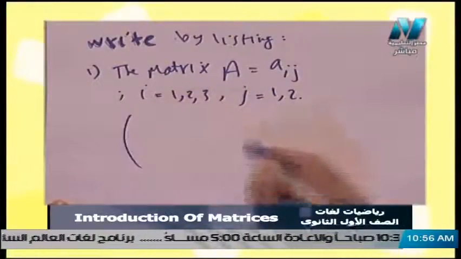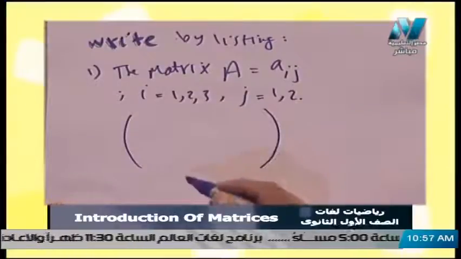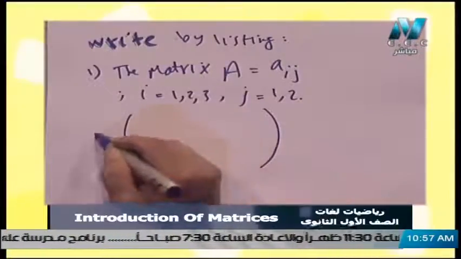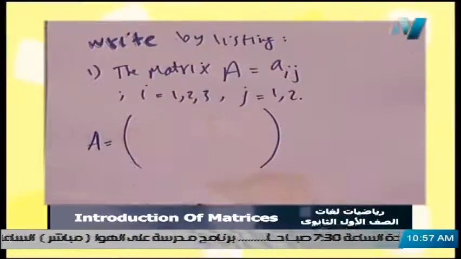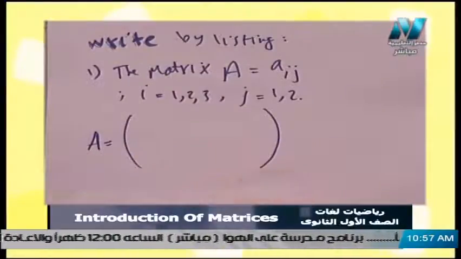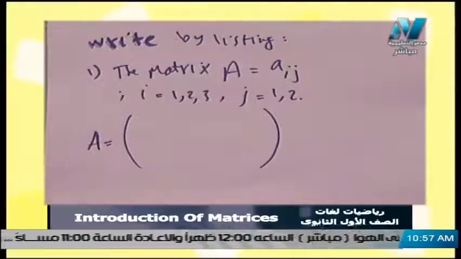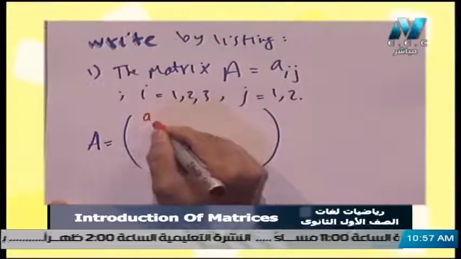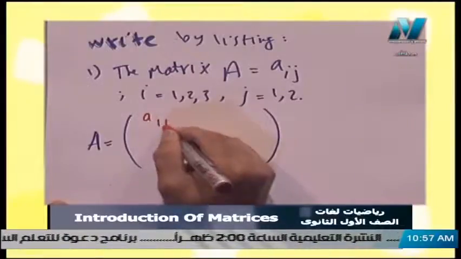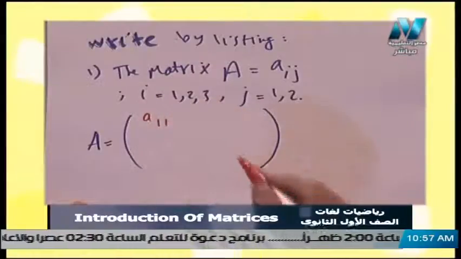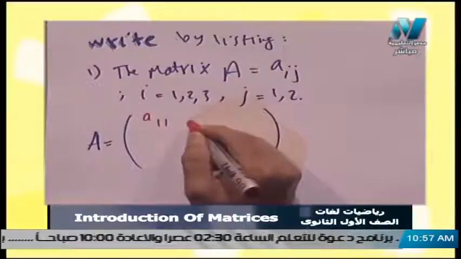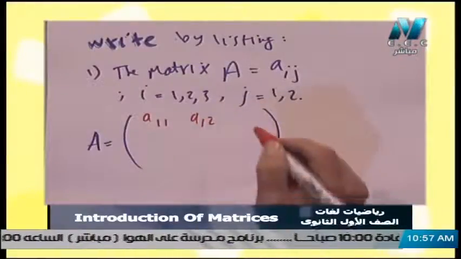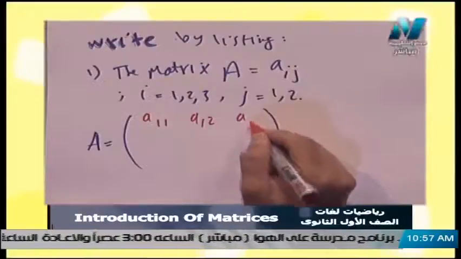We will draw here 2 parentheses like that, and we have the capital letter A for the matrix, and we will write here A11, here A12, and A13.